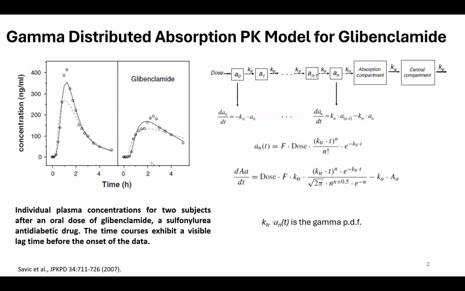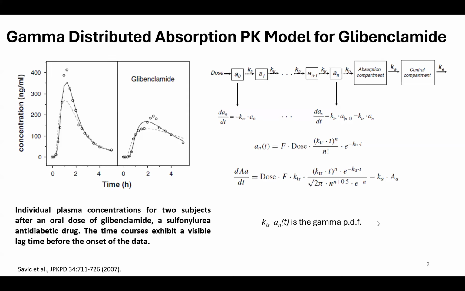Then they refitted the data with these transit compartments, and the solid line shows the fittings. So there's a huge improvement in the adequacy of the description of the data by applying those transit compartments. The paper at the bottom is about addressing the issue of how many transit compartments should be selected for describing this absorption delay.